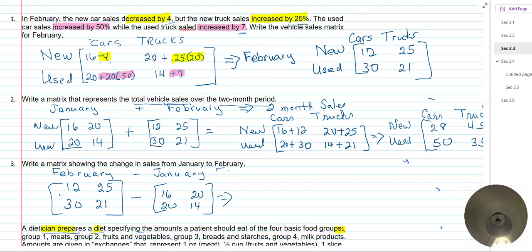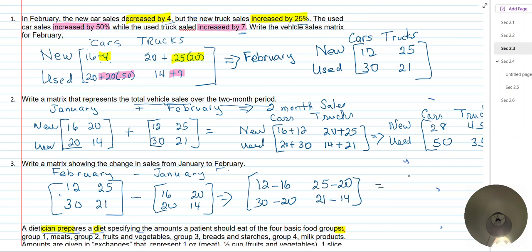And that's going to give me 12 minus the 16, and we're going to get the 25 minus the 20, the 30 minus the 20, and the 21 minus the 14.